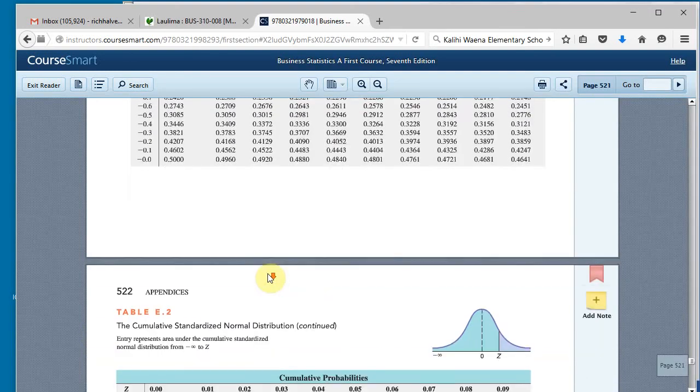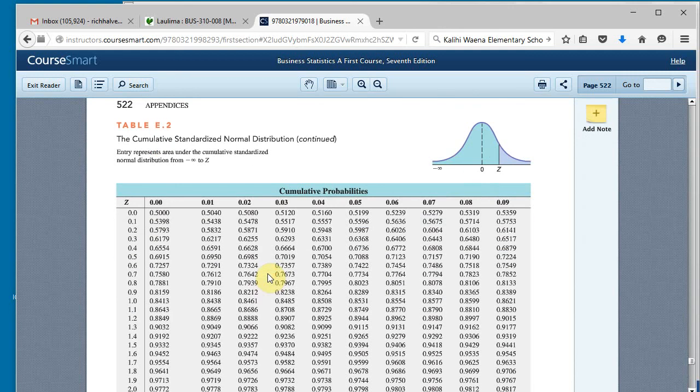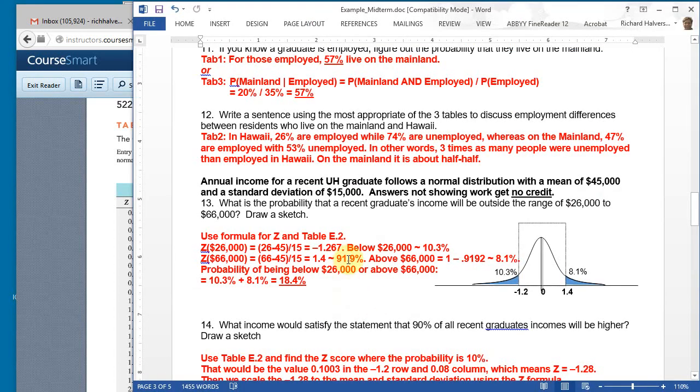We can go down to the positive area here, and we find 1.4, and it looks like it's 91.92%. 91.9%. Now we need to subtract that. 91% is to the left of 1.4 here. We actually want to do the opposite of to the left. We want to the right.